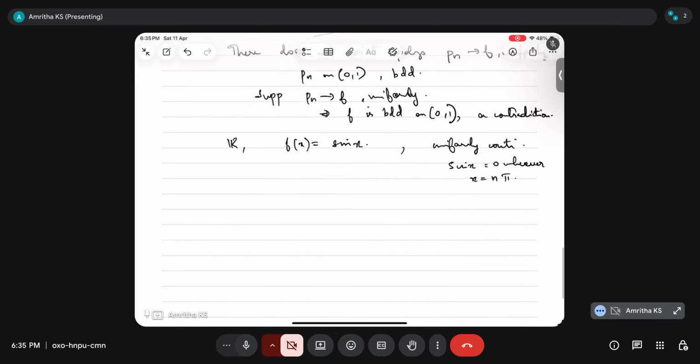This is because sin x will be like this, right? At n pi. But if you take polynomials, of course one should write it down properly.